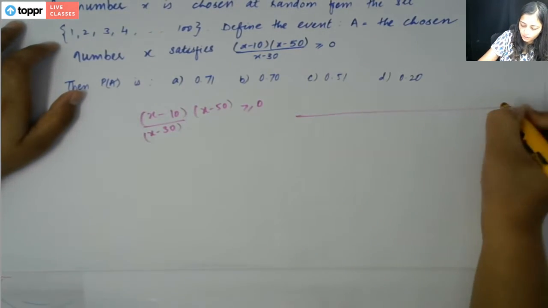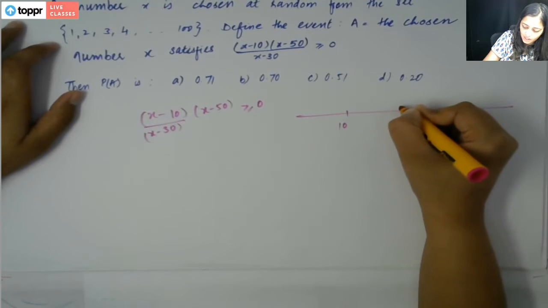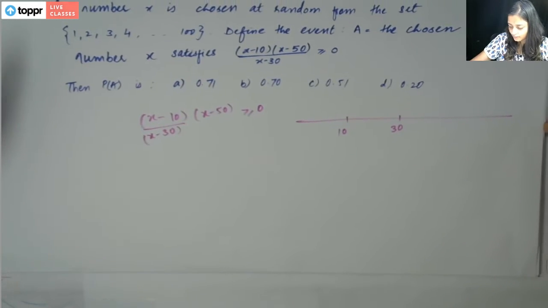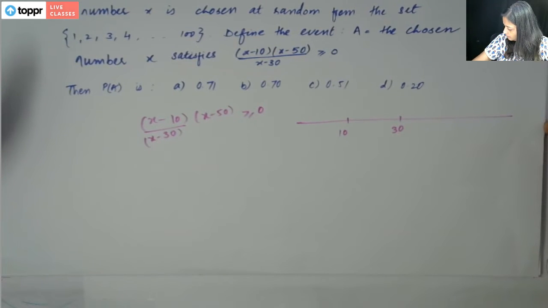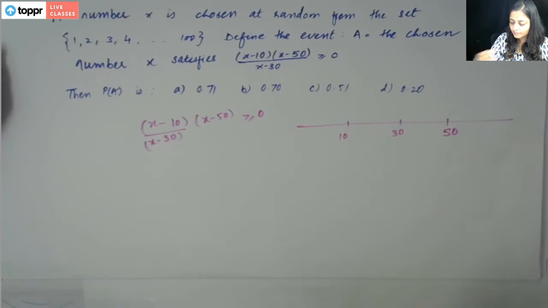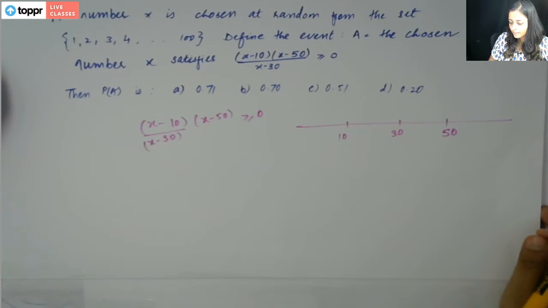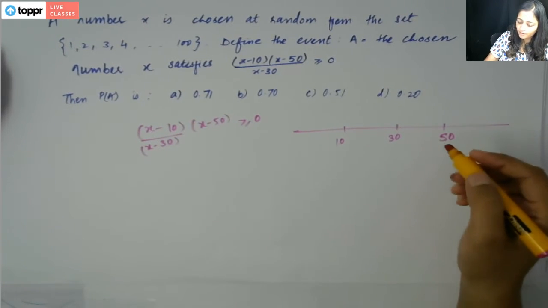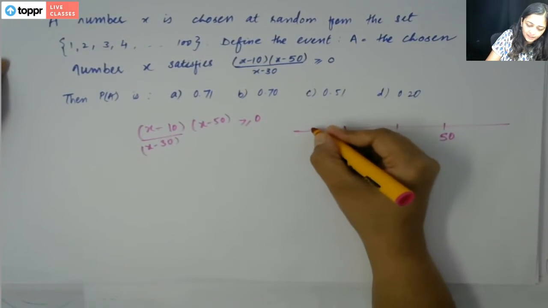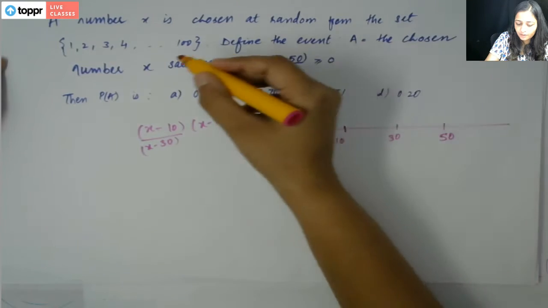So if we draw a number line and mark the points 10, 30 and 50, with the limit from 1 to 100.